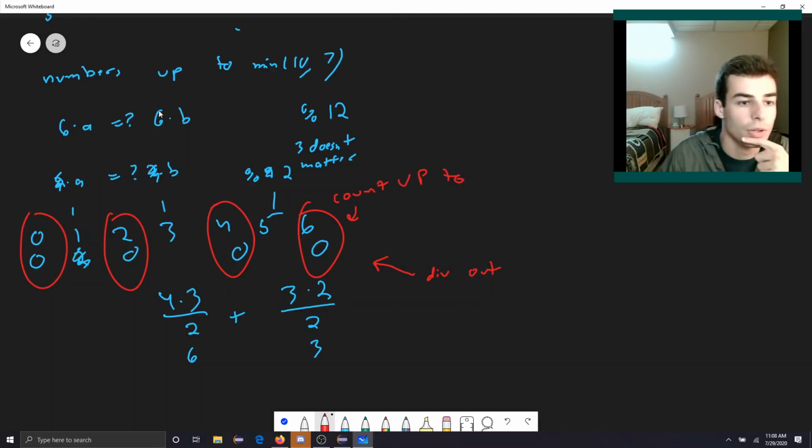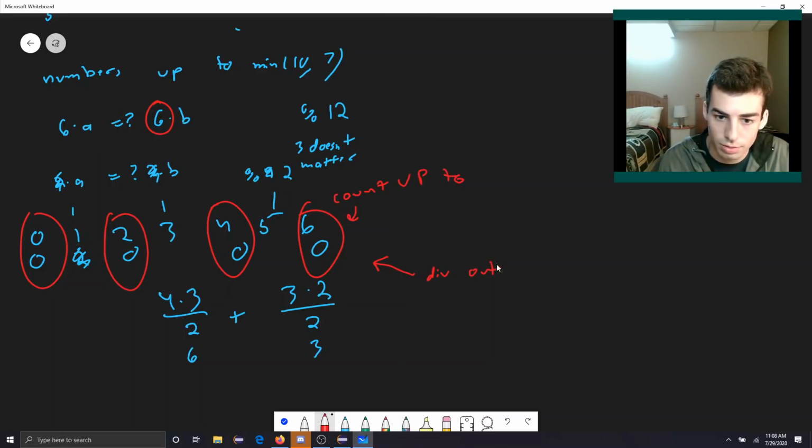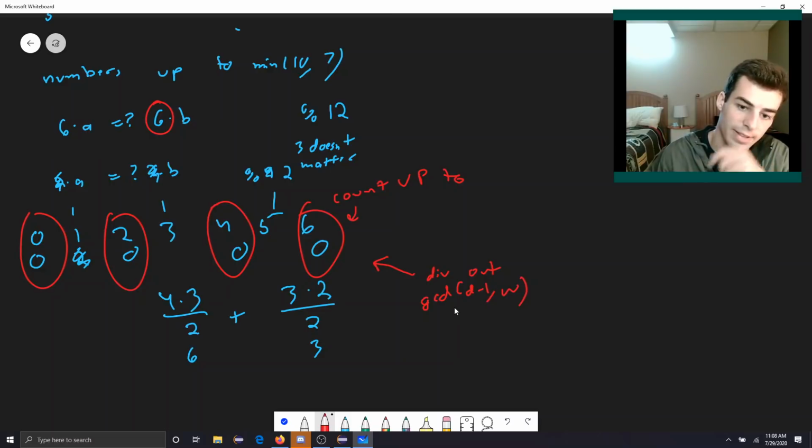Or where does the 6 come from? The 6 is the 7 minus 1. So divide out GCD of D minus 1 and the actual mod, which is W. And that's our actual mod. So we get our real mod.